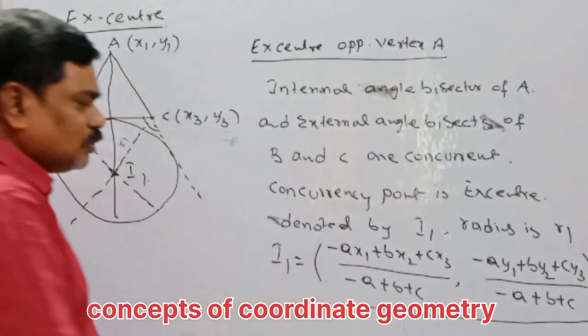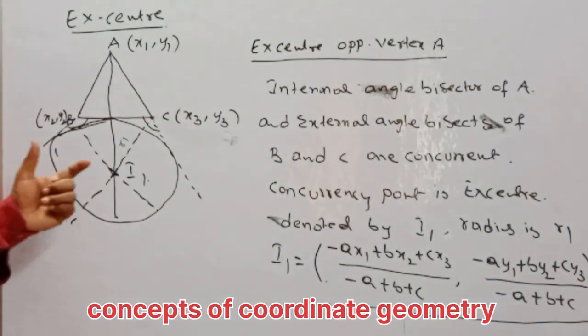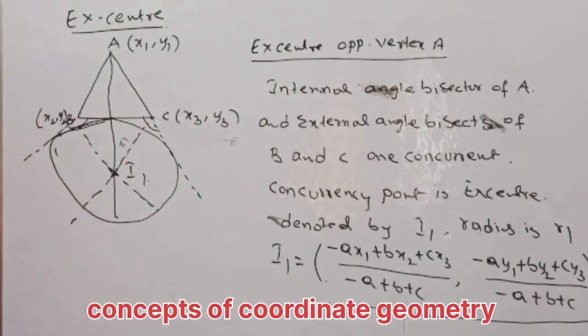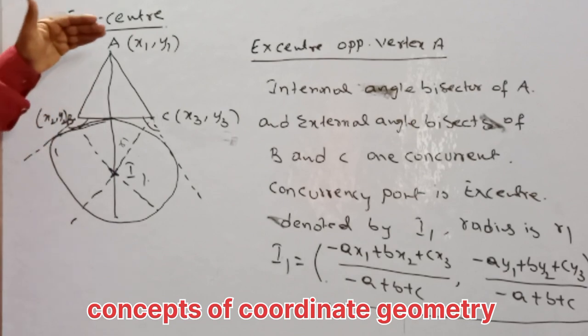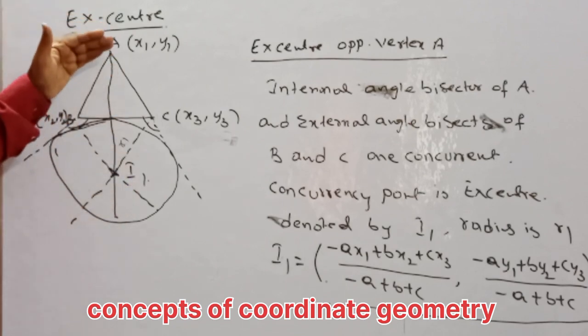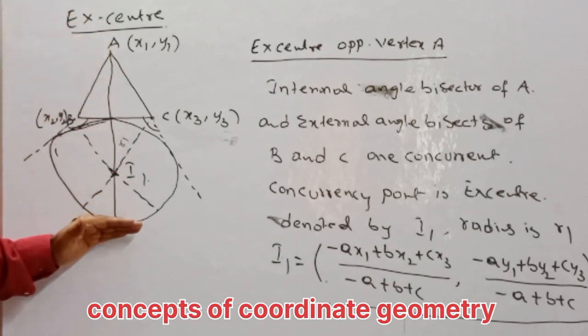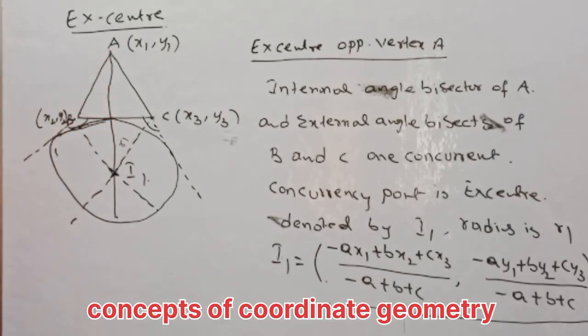These are the coordinates of the excenter opposite to the vertex A. Okay, all of you, that's all.